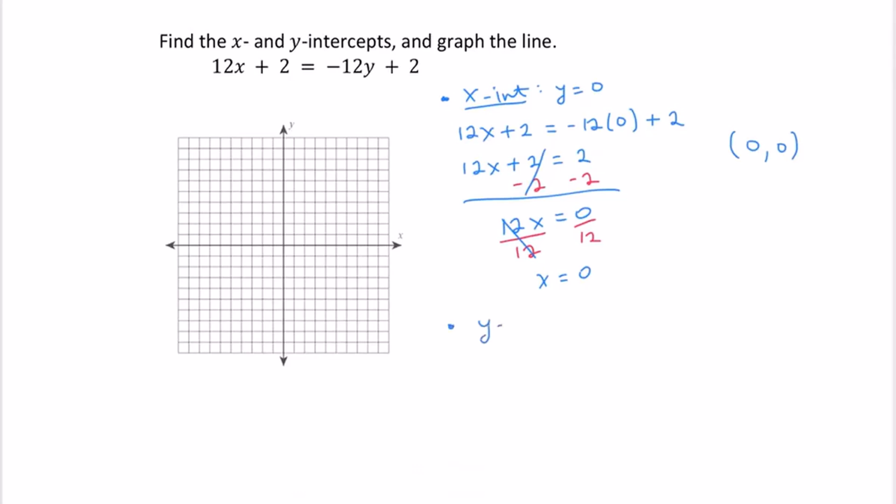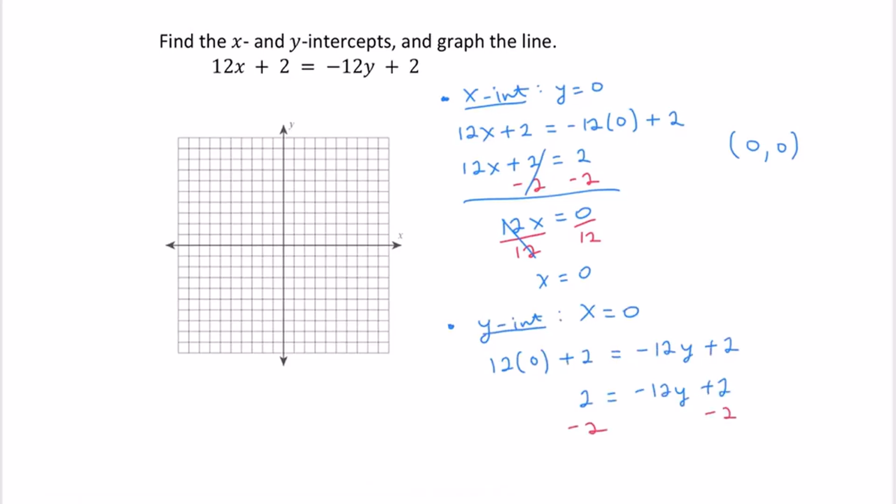Let's get the y-intercept. So the x is 0. So we have 12 times 0 plus 2 is equal to negative 12y plus 2. So that is 2 is equal to negative 12y plus 2.